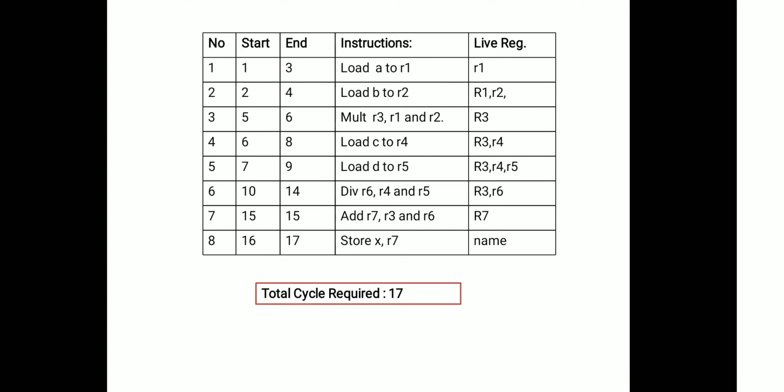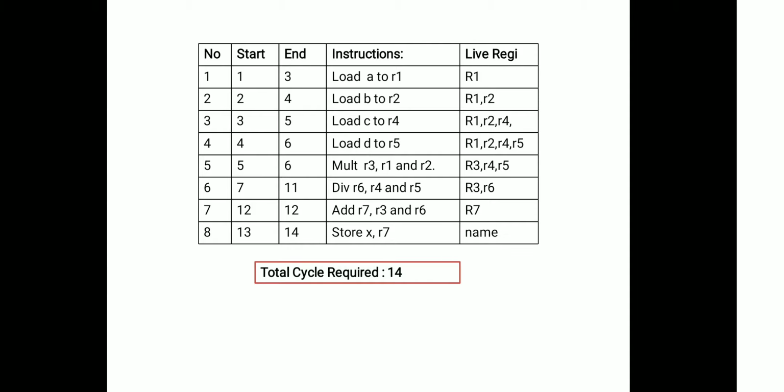When we perform the reordering of these instructions, we get this. It means we can simply perform all the load operations first, and then do the more difficult operations afterward. So here we load A, B, C, D into R1, R2, R4 and R5, then multiplication, division, then add and finally store.